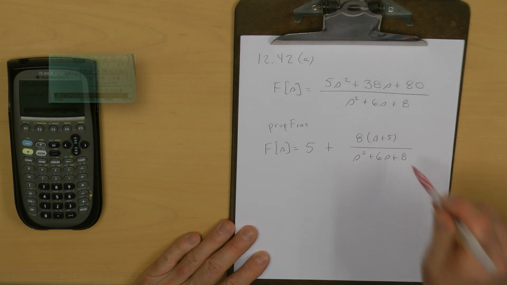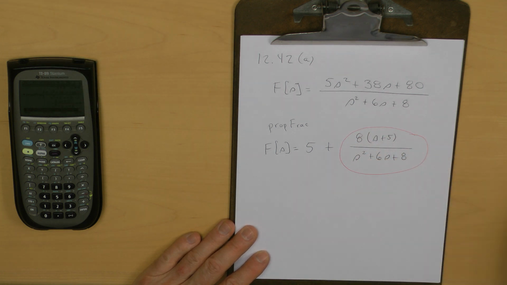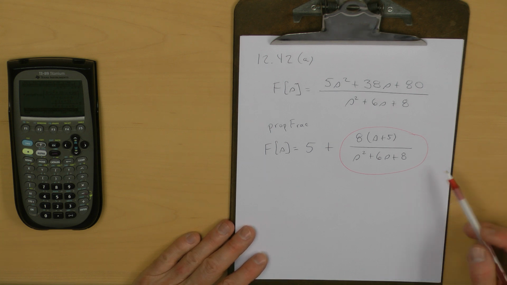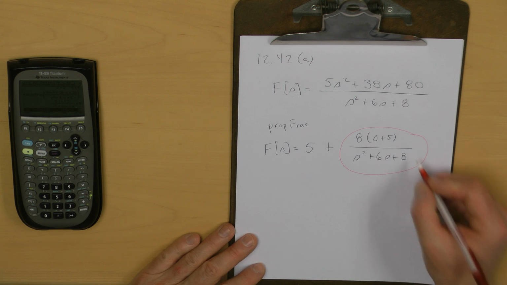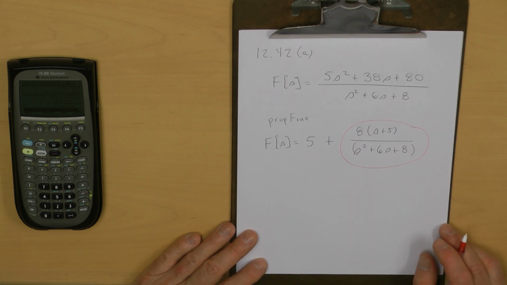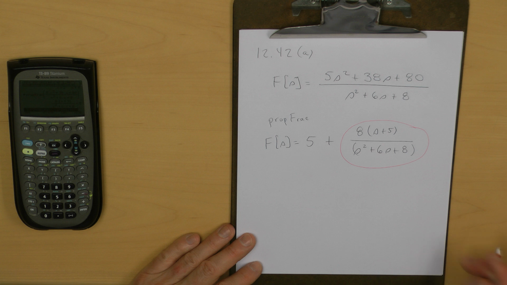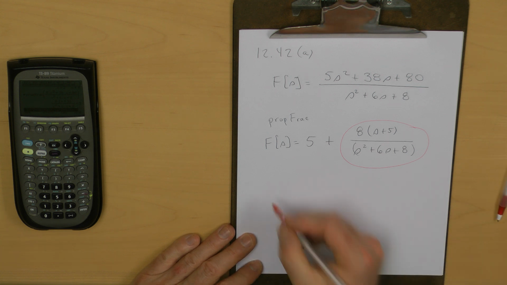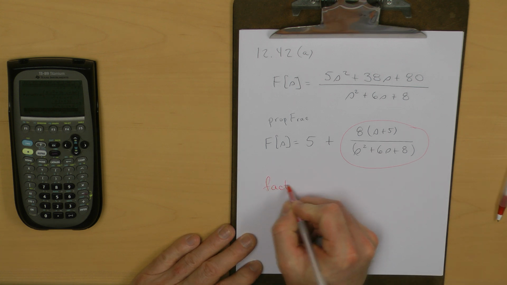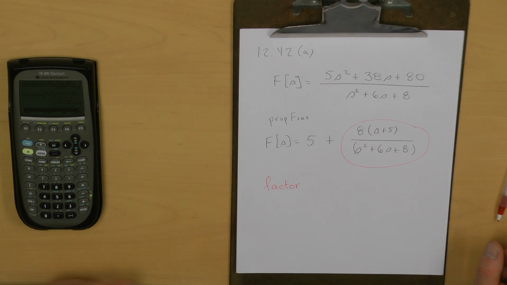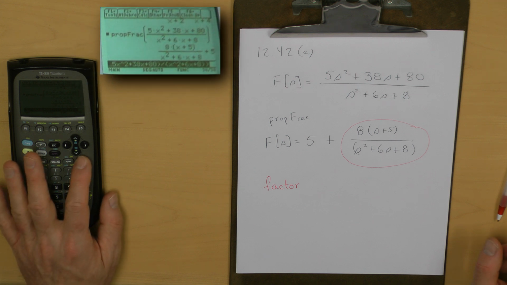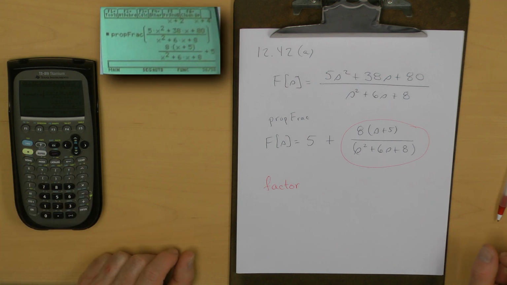What I want to do now is work with inverse Laplace transforming, or finding the partial fraction expansion of this proper fraction piece. And maybe what I want to do is first determine what the denominator polynomial looks like in terms of its factors. If those are real roots, I can use the factor function inside the calculator, and for that reason let me go ahead and clear this input line so that you can see what I'm doing.